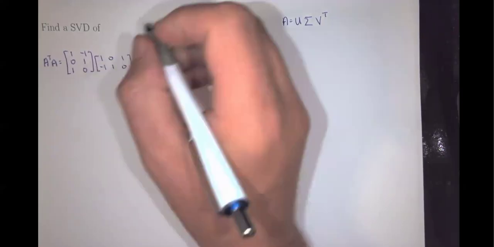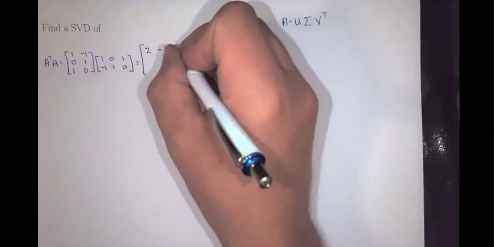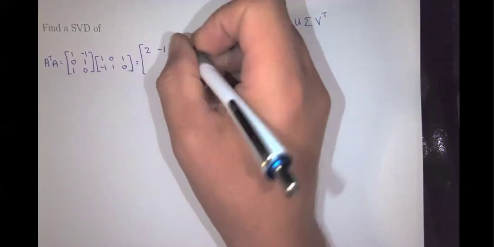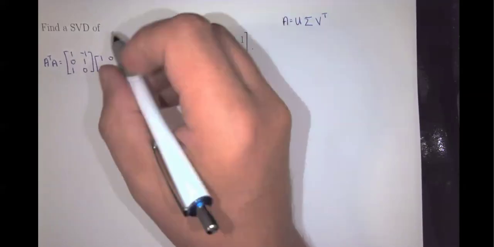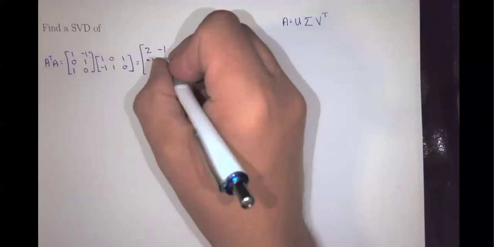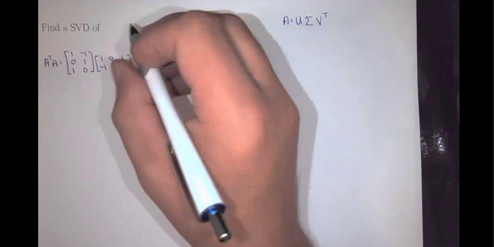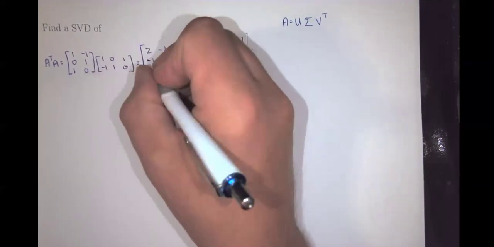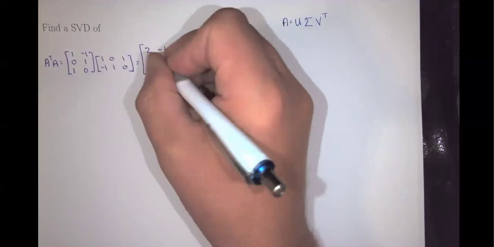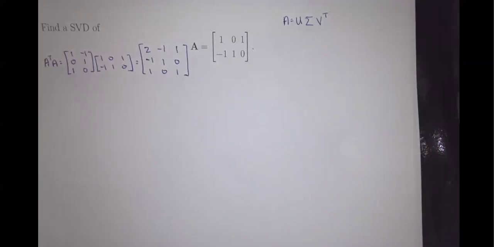We get 0 minus 1, we get negative 1. We get 1 and 0, so that's 1. We get negative 1, get that by symmetry. Then 1 and 1 is 2... then 0, 1, 0, and 1, 0, 1. Okay, so that gives our A transpose A matrix.